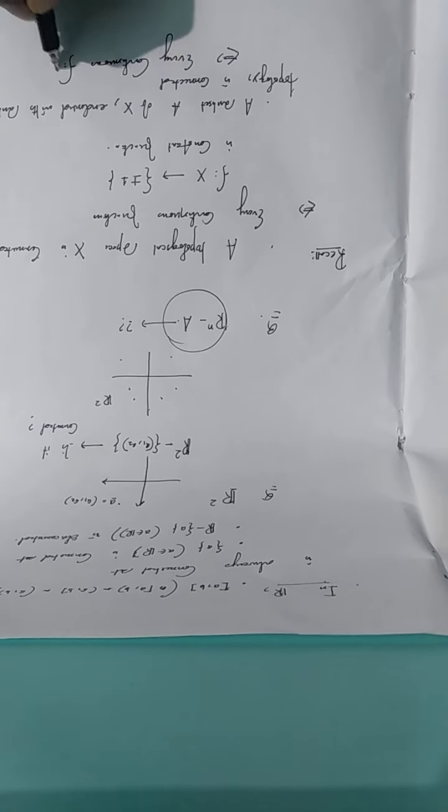That means if there exists a continuous function f: X to {plus minus 1} which is not constant, then the space is disconnected.